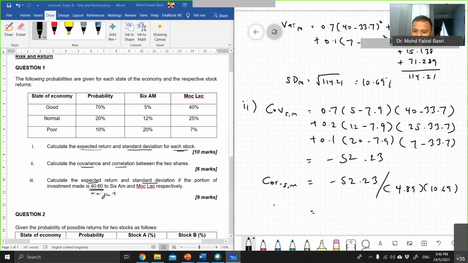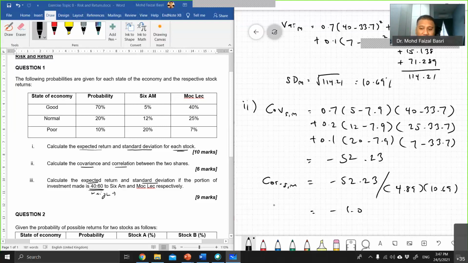You get negative 0.999. So technically I just use 1.0, because you would get 0.999, a triple nine there. So it's close to negative 1.0.